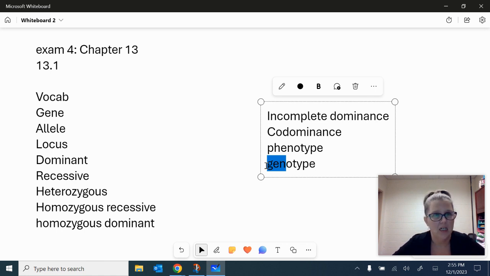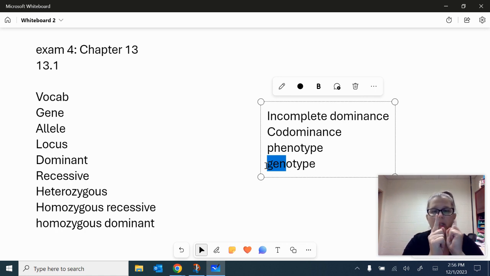I think that's it. Oh, don't forget about Mendel and his contributions, what he observed, the plants he looked at. Remember, he studied many different traits, and he determined that the alleles were separated or segregated during meiosis because they're on homologous chromosomes.